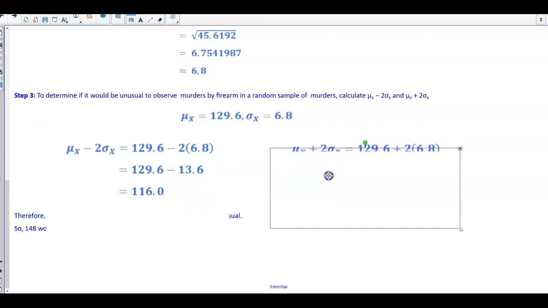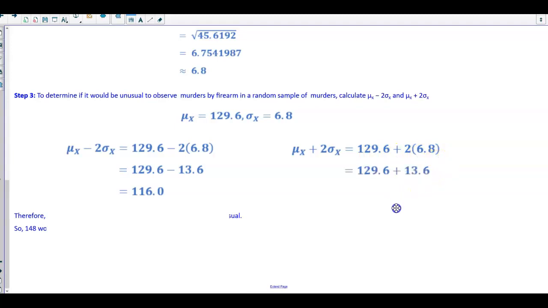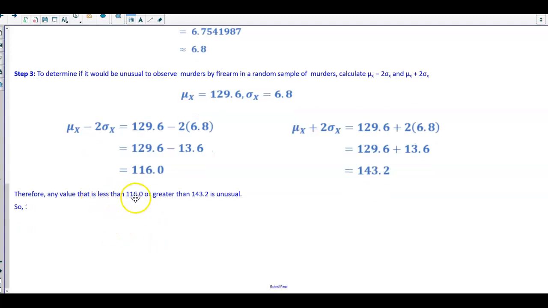And then we also are going to take the mean and add 2 times the standard deviation, so we have 129.6 plus 2 times 6.8. When we add those together, we get 143.2. So what that means is that any value that is less than 116.0 or greater than 143.2 is unusual.